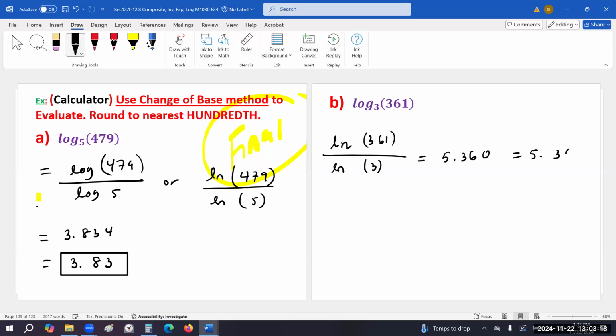So 5.36. If you try it with log, do you see the same answer? Right? So these are easy, right? Easy one question in the final.